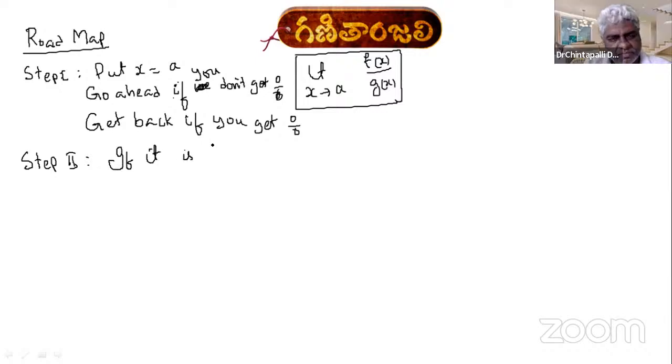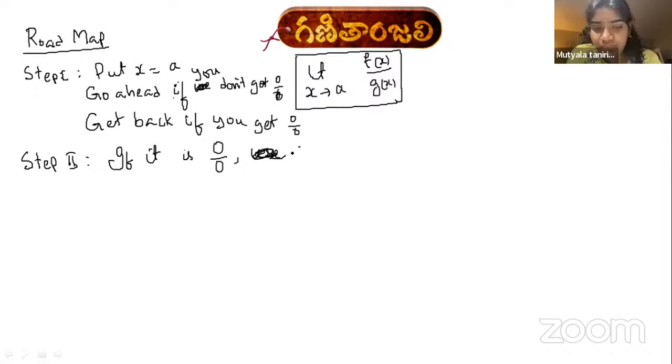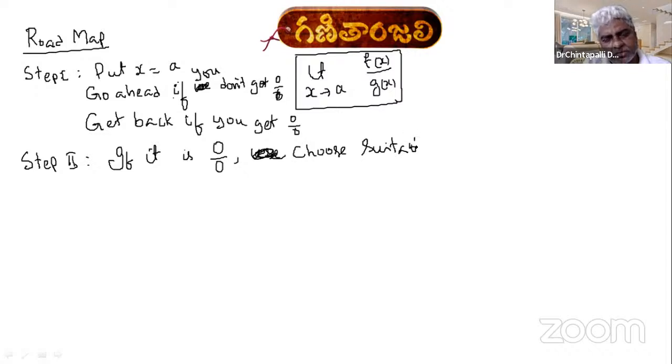If it is 0 by 0, choose a suitable procedure. First one, formula. Check, is there any formula for it?